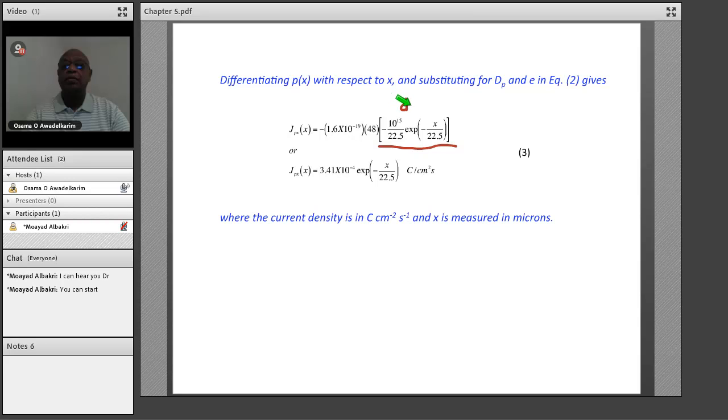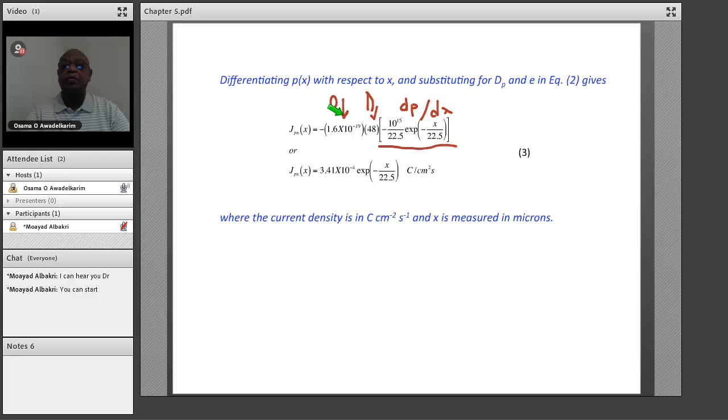Very straightforward, you can show that this is true. So this is your derivative, and you put your derivative there. This is your D, and this is your electronic charge e.